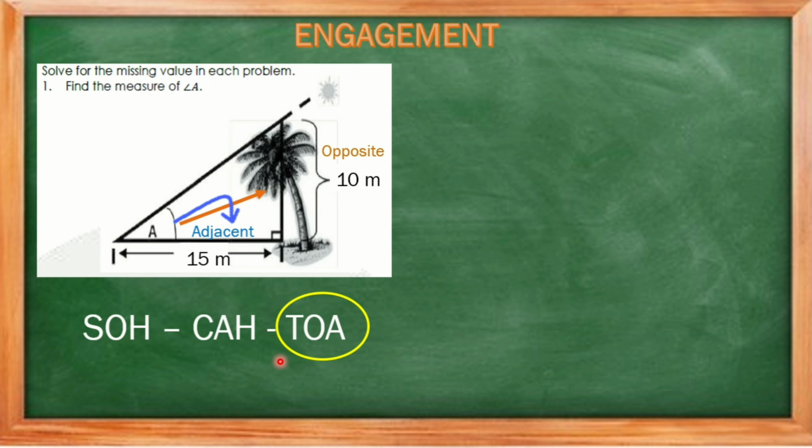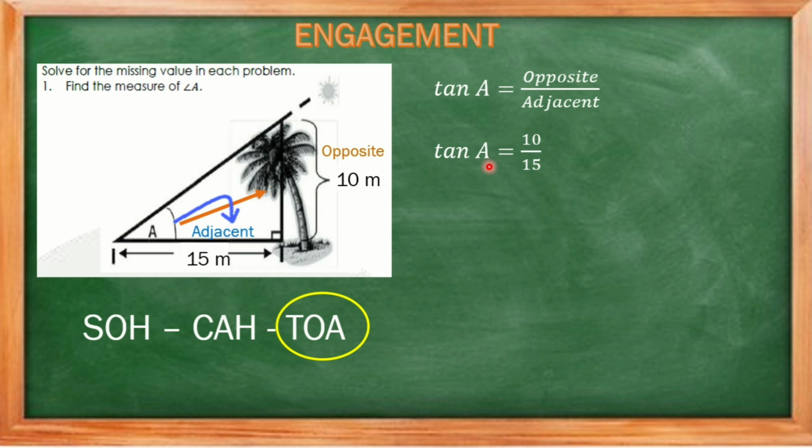Kaya pwede na tayo makagawa ng equation ngayon. Ilagay lang natin dito sa itaas yung equation natin. So, we have tan A or tangent A, kasi yun yung reference angle at yun yung hinahanap natin. Tan A is equals to opposite over adjacent. By substitution, we have tan A is equals to yung opposite value natin is 10, then yung adjacent naman is 15. So, we have tan A is equals to 10 over 15.